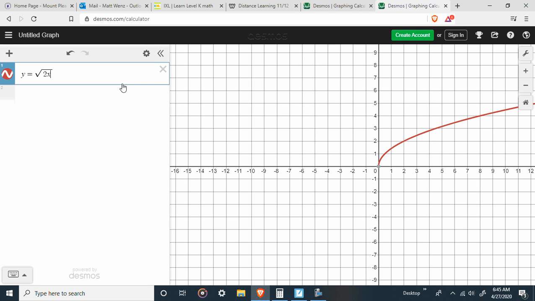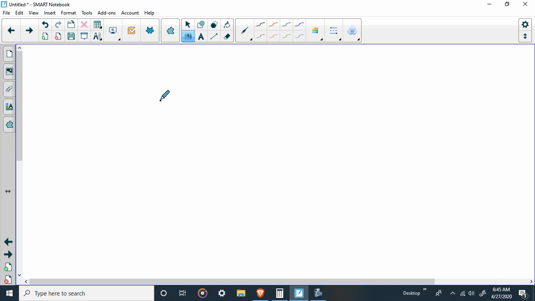If we start throwing in negative numbers, well, if I throw a negative on the inside, it flips this way. Why does it flip that way? Well, if I said y is equal to the square root of negative x, before I could only put in positive numbers.